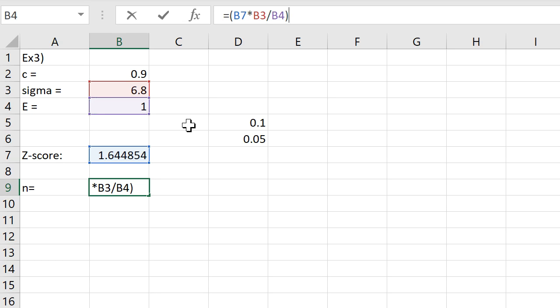Then we need to raise it to the second power. To do that in Excel, we're just going to put caret 2.